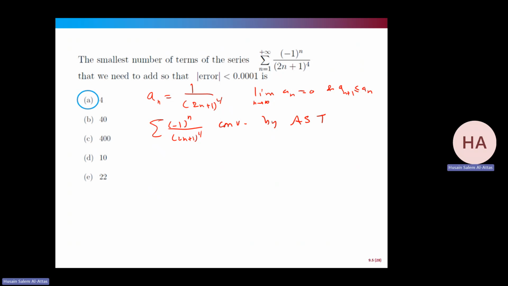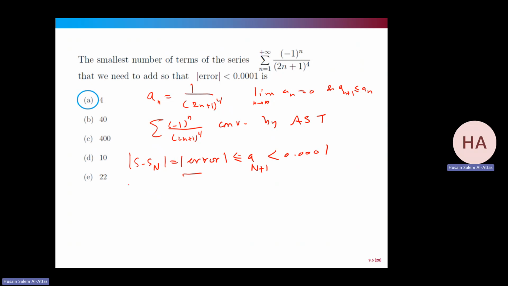So what I will do, I need the error, S minus capital S_N, which is the error. I know it's less than a_(N+1), and I want this to be less than 0.001. I have this inequality so that the error is less than this value.